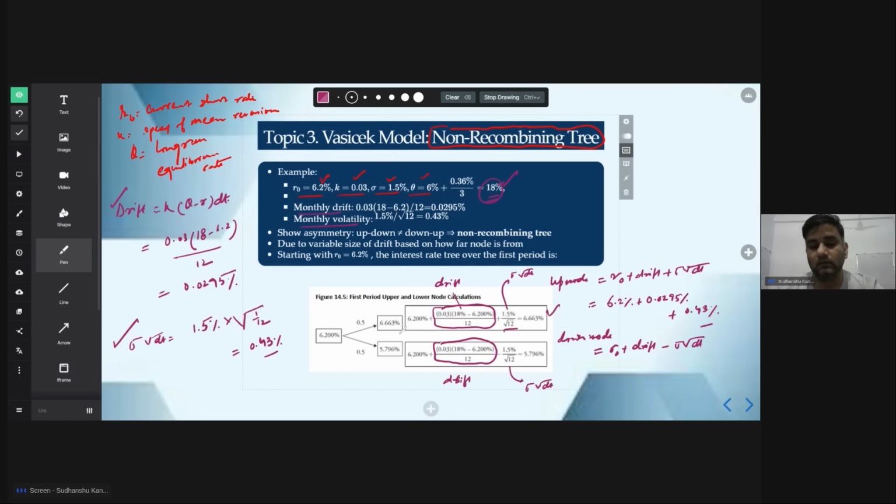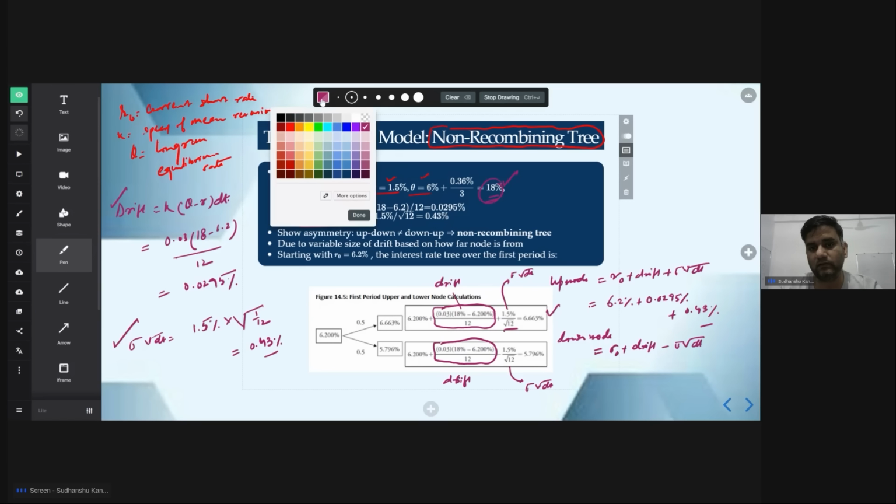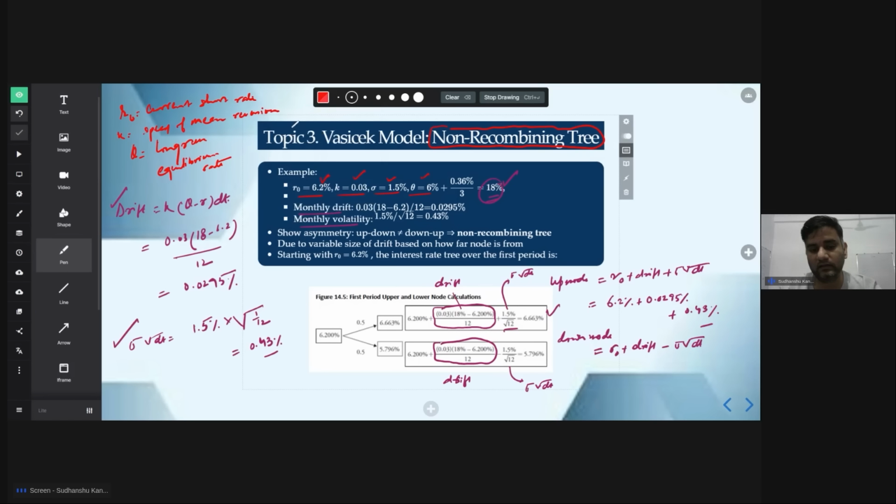What is happening here is when you are looking at the non-recombining issue. What is important to understand is that in a binomial tree, we usually want recombining paths, meaning going up then down is equal to going down then up.